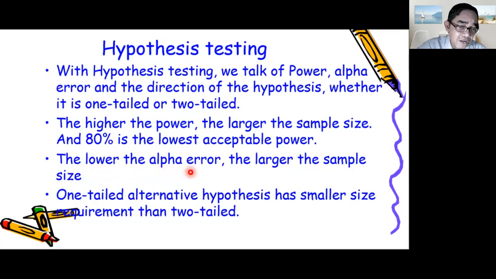But of course, the highest alpha error that we normally use is up to 0.1 or 10%. And if you want to put a lower alpha, you can put it at 0.01. The alpha error can be 0.01, 0.05, or 0.1. Now, the lower the alpha error, the larger the sample size. And a one-tailed alternative hypothesis has a much smaller sample size requirement than a two-tailed alternative hypothesis.